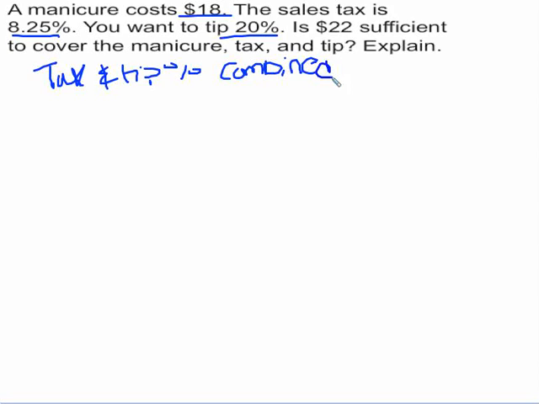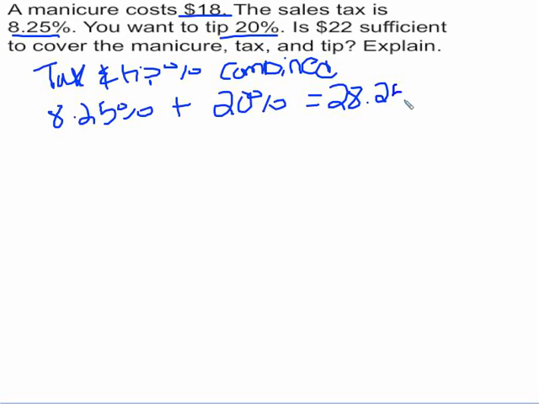Well, I know that my tax is 8.25%, and I know that my tip is 20%. So together, I'm adding an additional 28.25% to my bill. So I want to know if 22 is going to be sufficient, which means enough.